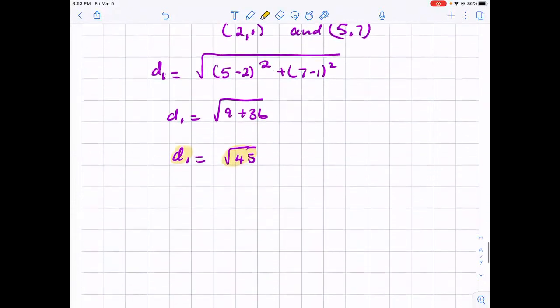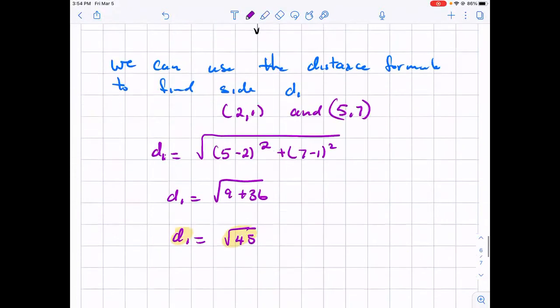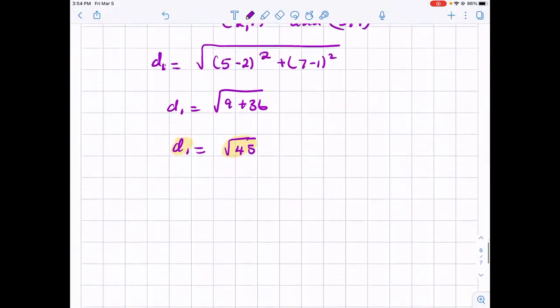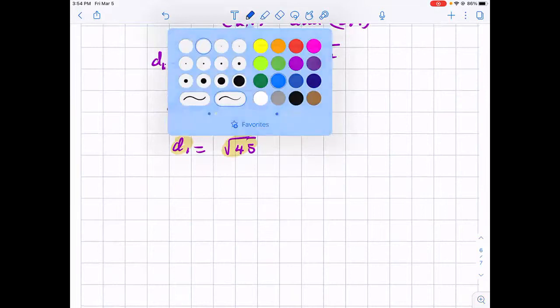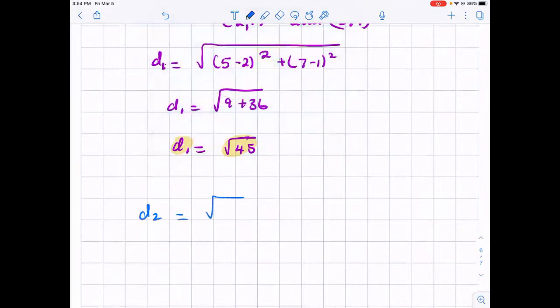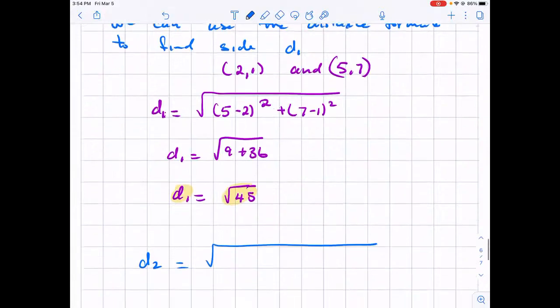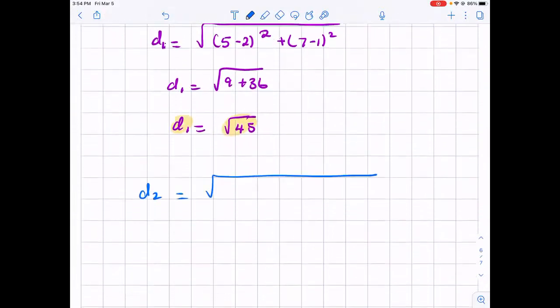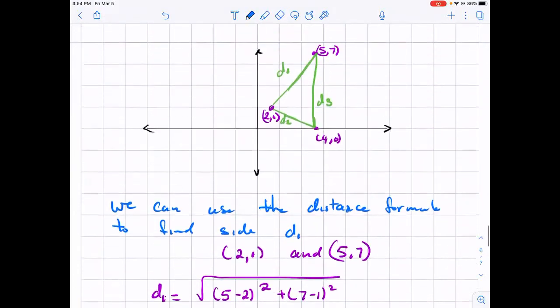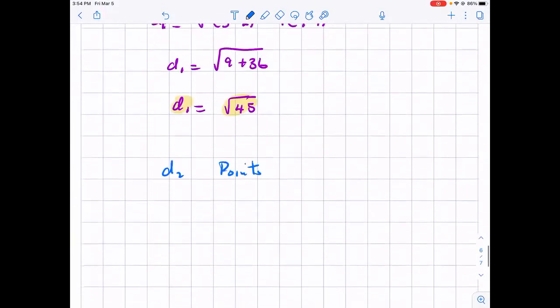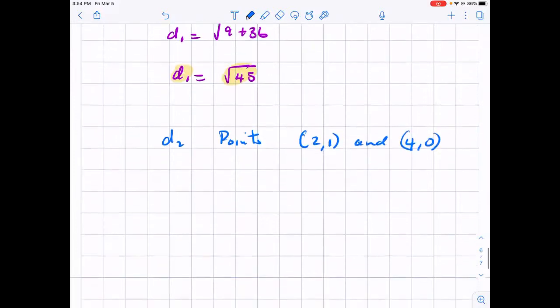If I do the same thing now, let's find D2. D2 is equal to the square root, and the 2 points for D2 are 2, 1, and 4, 0. Those are the 2 points that connect the line D2.